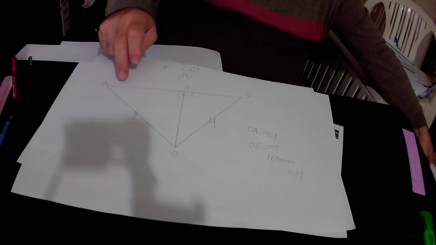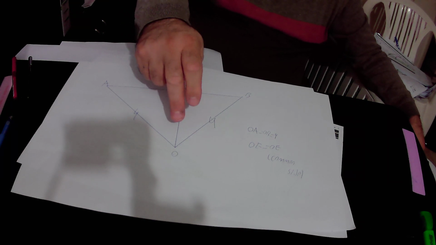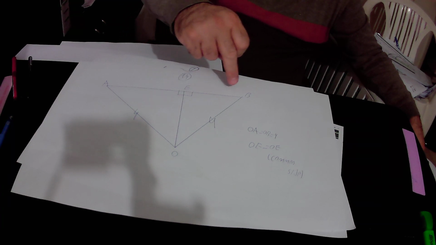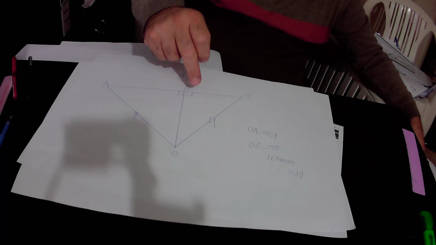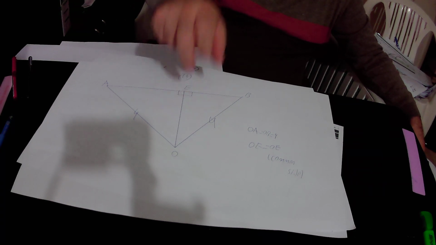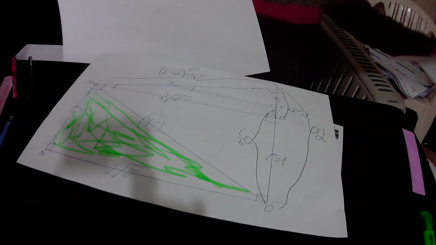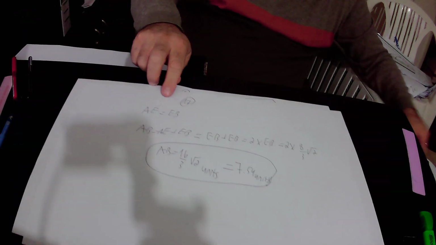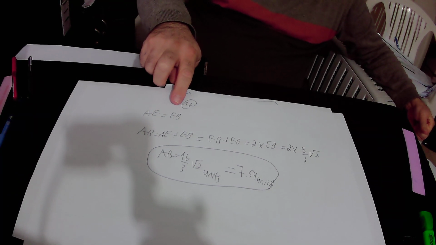And we proved that the hypotenuse OA and the perpendicular OE in triangle OEA are congruent to the hypotenuse OB and the perpendicular OE in triangle OEB. Therefore, the two triangles are congruent according to rule number 5. Then, because the two triangles are congruent, we conclude that AE equals EB according to the rule that corresponding sides in congruent triangles are equal.